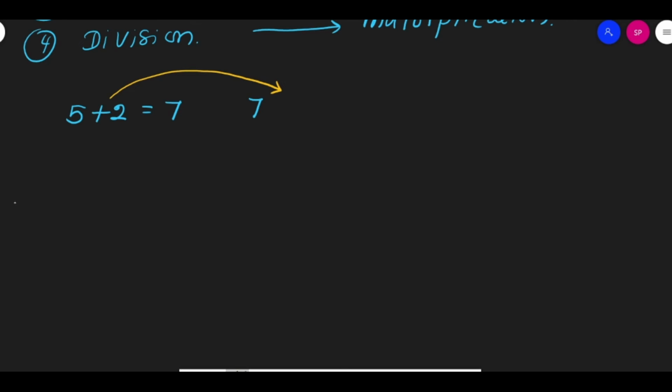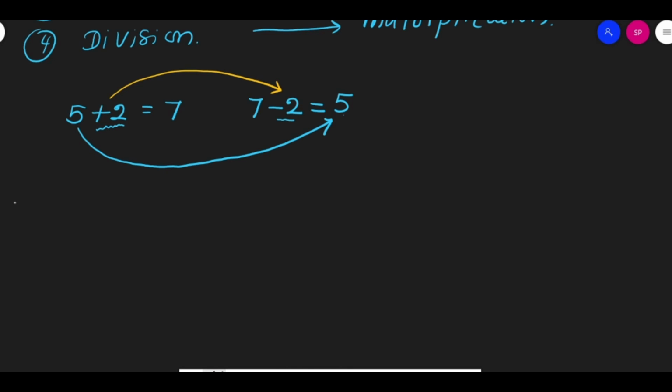So if you do the inverse of this operation, I can subtract 2, then I will get the same value. That means it is 5. What is the speciality of the inverse operation? If you do some operation, and then do the inverse of that operation on the answer, you can get the original one. So that's why we call it inverse operation.